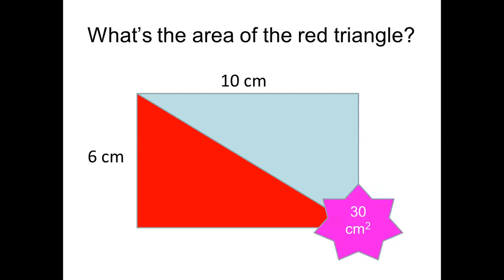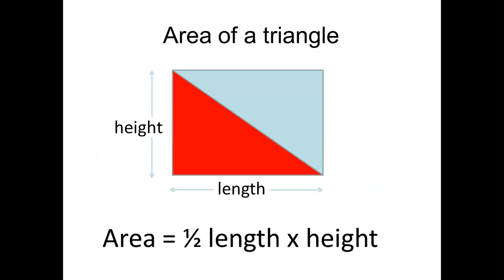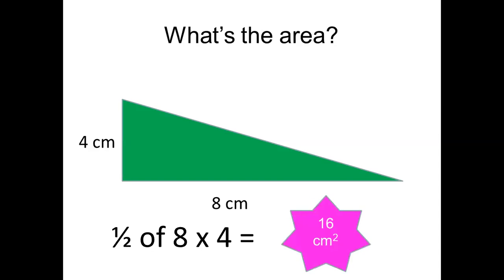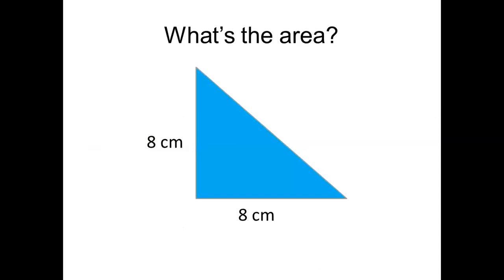So it will have exactly 30 centimeters square. So the area of the triangle is half times length times height, or half times base times height. So if I have a triangle like this, I will multiply half by 8 by 4, which is going to be 16 centimeters square.